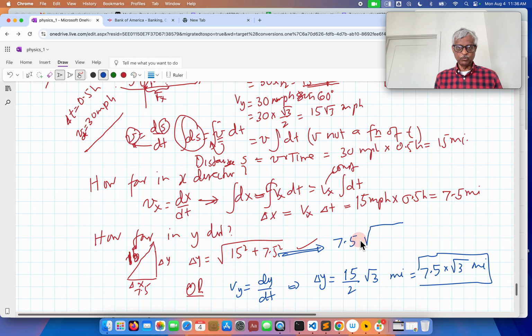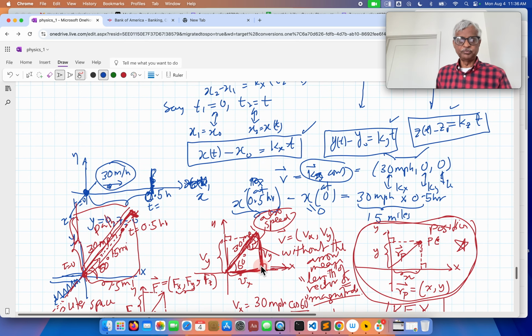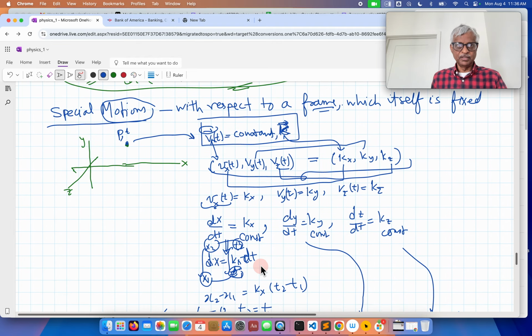This will give you 1, and this should be minus this, minus that, so this will be 2 squared minus 1. Okay, so that's the constant velocity.